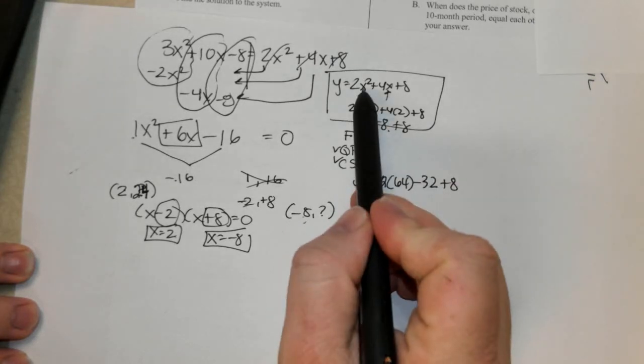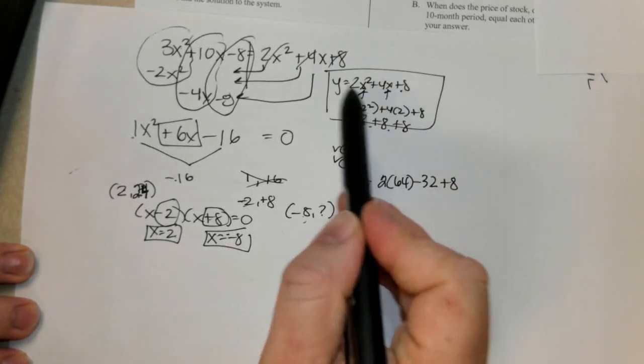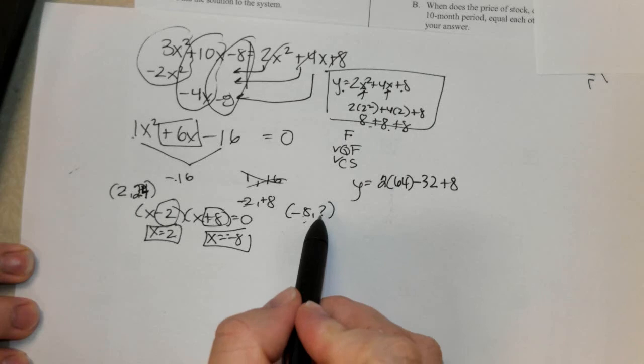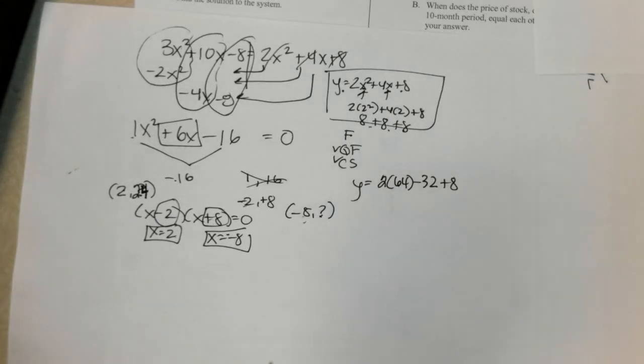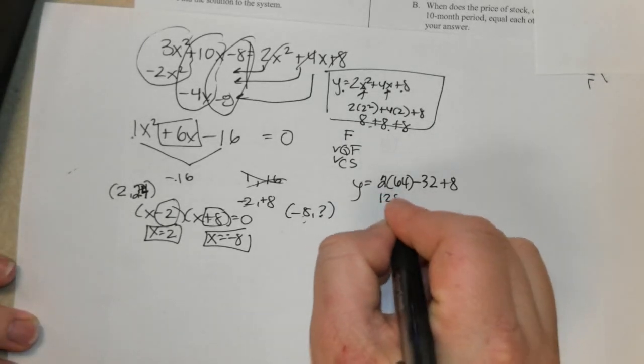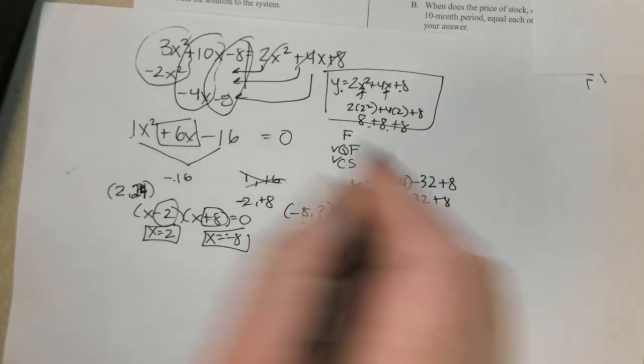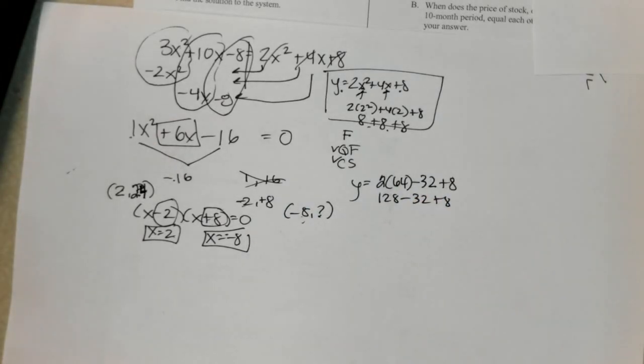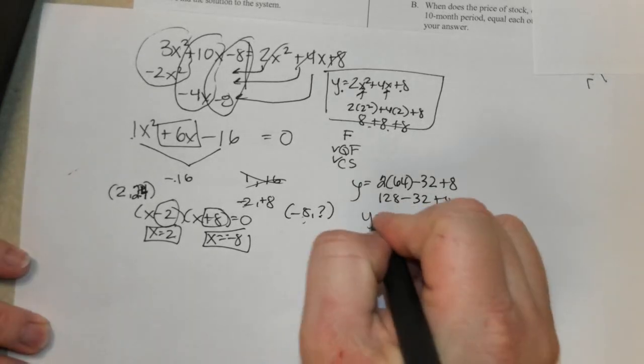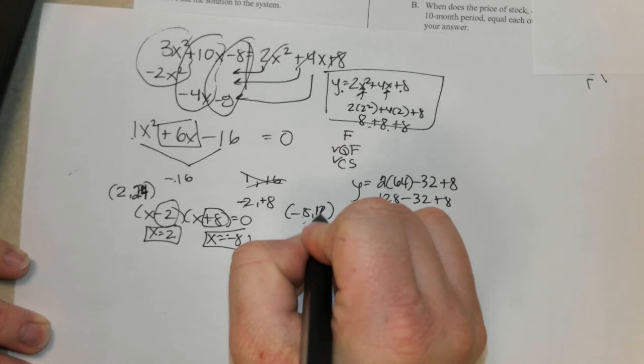I put an input value of negative 8, and now I'm looking for the output value, the y. 2 times 64 is 128 minus 32 plus 8. So I'm just going to grab a calculator quick and plug in those numbers to save myself time. 128 minus 32 plus 8 is 104. My output value is 104.